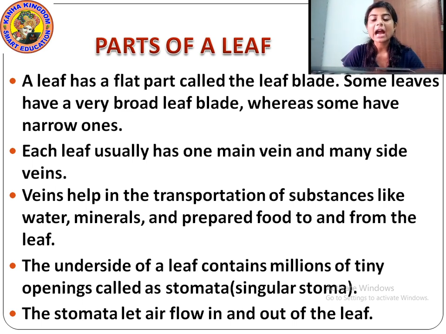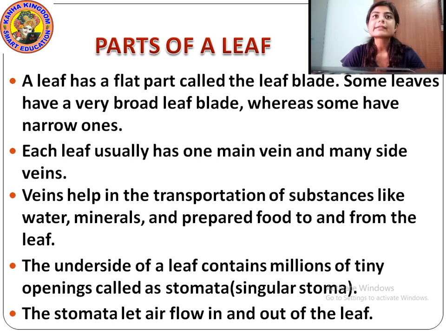It takes in the carbon dioxide from the atmosphere and it produces oxygen, which is essential for living organisms to breathe. Okay, plants give us oxygen, yes or no? And this oxygen is given out by the stomatal pores which are present on the underside of the leaf.